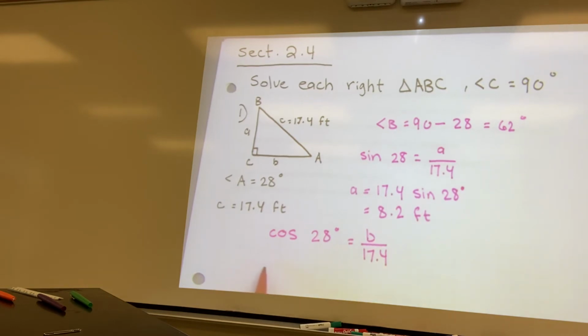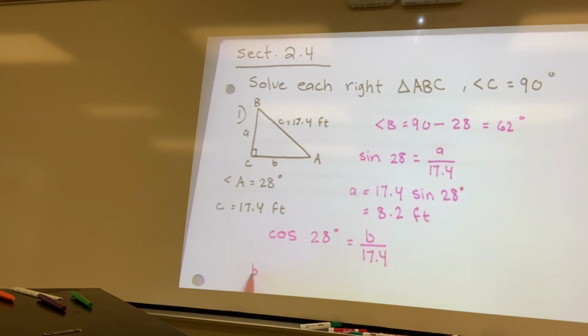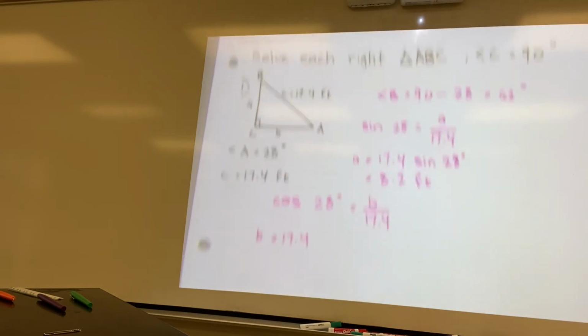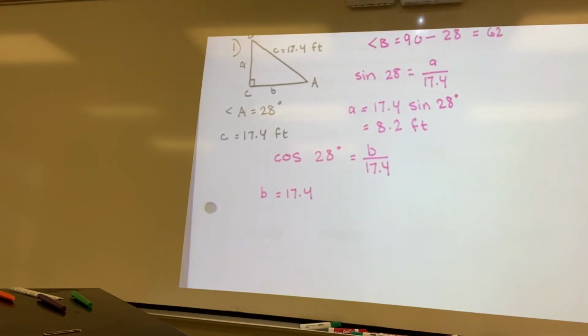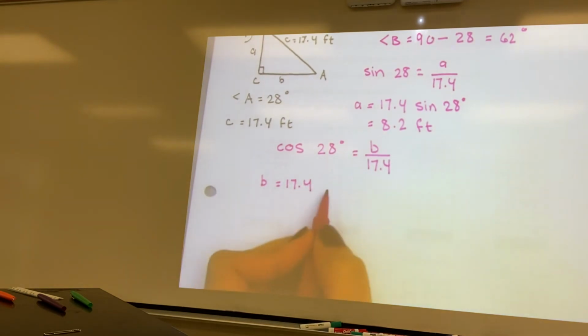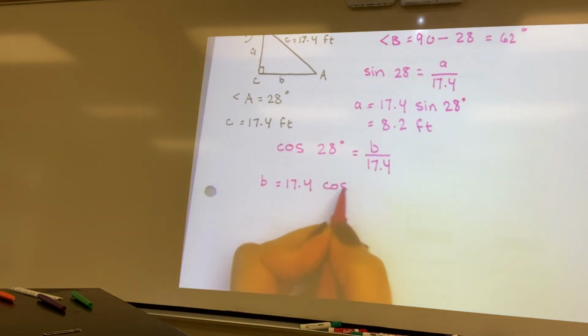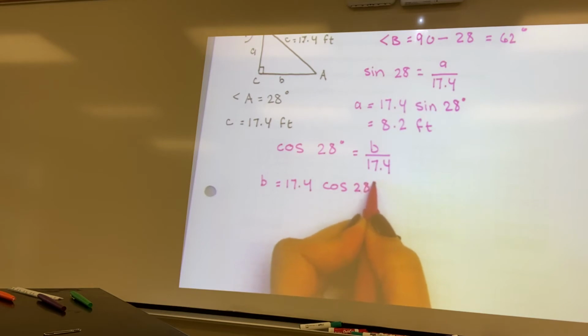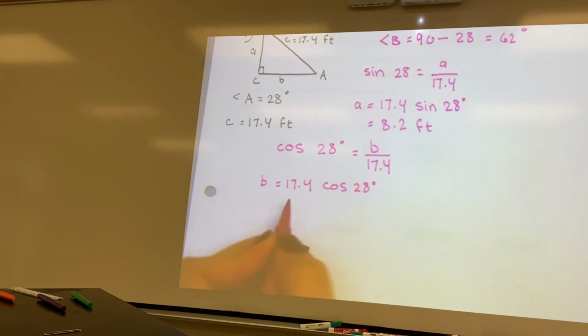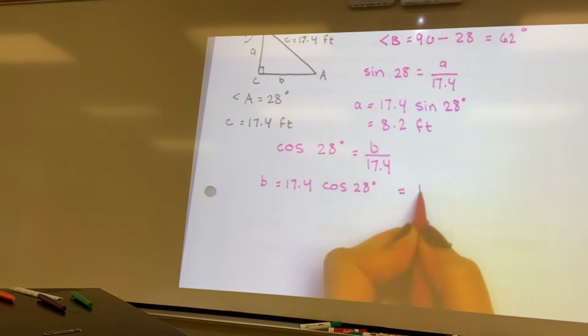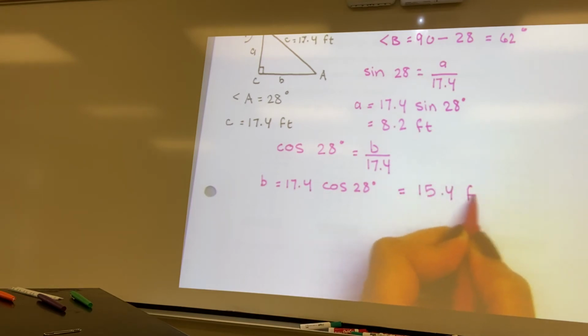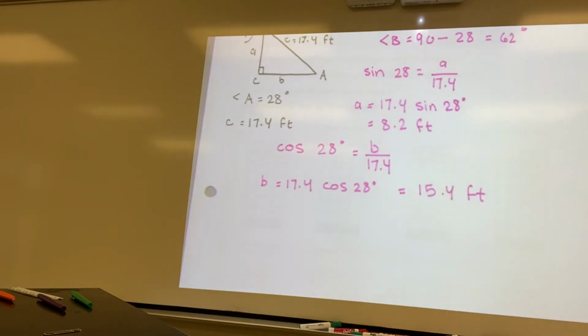Again, cross multiply. B equals 17.4 times cosine of 28 degrees, and that will be 15.4 feet. Okay.